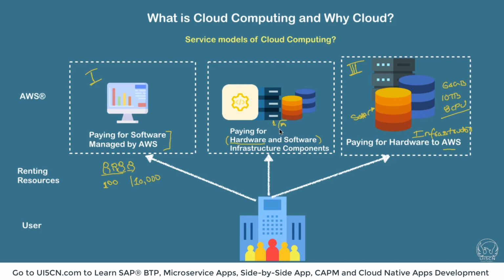They provide us n number of machines, and they also provide us software which is capable of managing those n number of machines. So in this second case, they are renting me hardware, and they are renting me software which has the capability to manage all the hardware resources. And this is not just a single operating system, but an operating system for the entire infrastructure. If they can provide me software which can do that, then that comes in a different category.